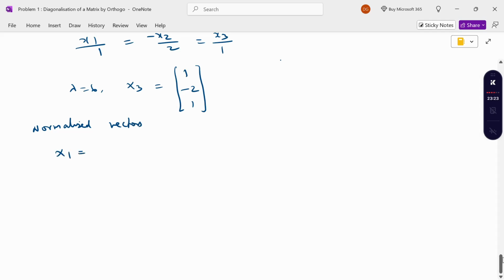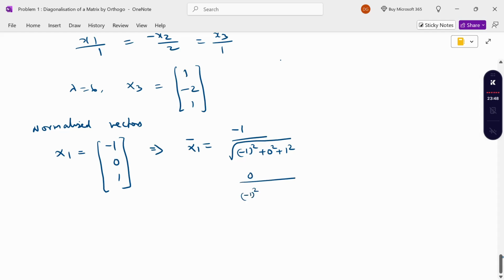x1 is minus 1, 0, 1. So this is x1. When I find this normalized vector, x1 bar equals minus 1 divided by square root of minus 1 square, 0 square, 1 square, and then 0 divided by square root of minus 1 square, 0 square, 1 square, then 1 divided by square root of minus 1 square, 0 square, 1 square.